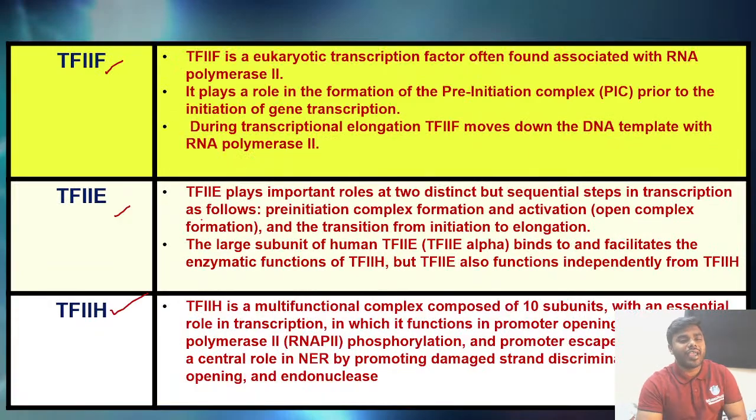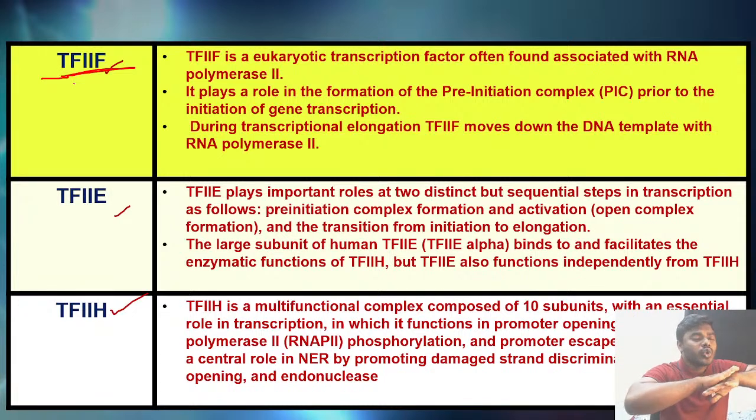Friends, now I want every student to remember a very important statement about transcription factor 2F. Transcription factor 2F is the most important transcription factor associated with the RNA polymerase throughout initiation, elongation and termination, throughout the process of transcription.